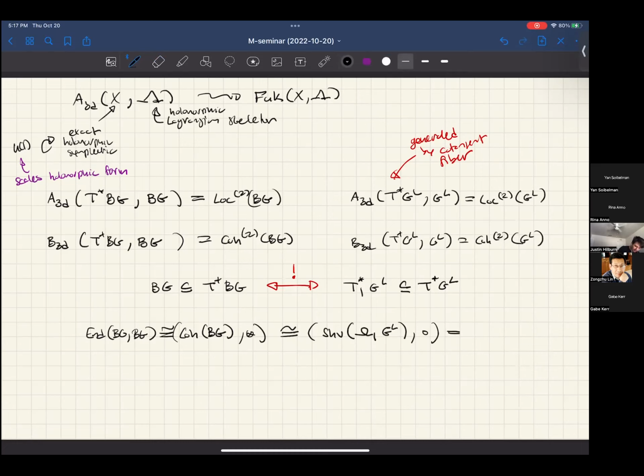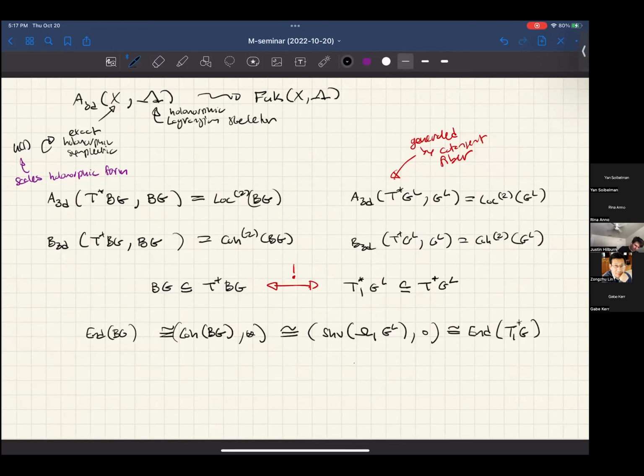And this thing directly categorifies the description due to maybe Abadandalo was maybe the first people to do it, but also Abazayed, of the endomorphisms of T star 1 inside of the cotangent bundle.